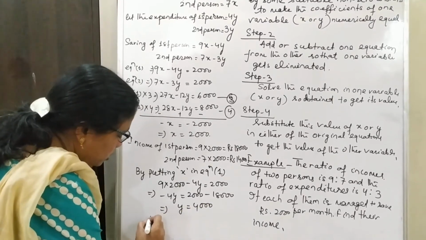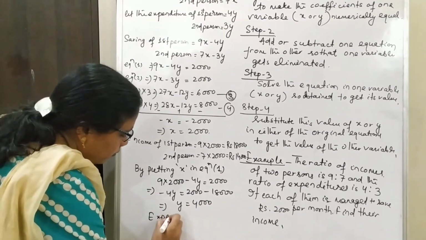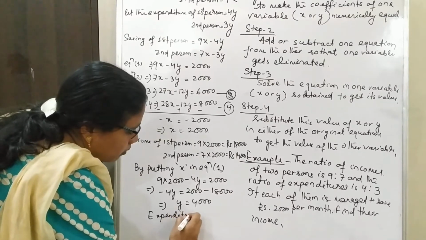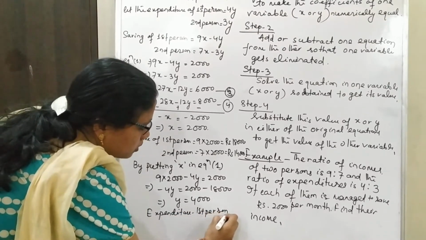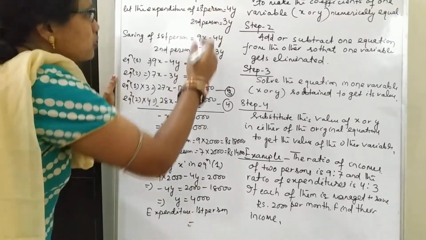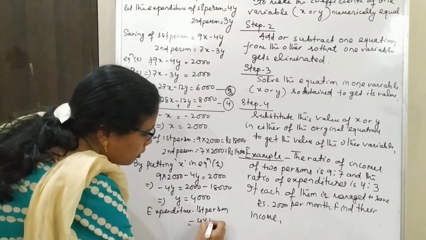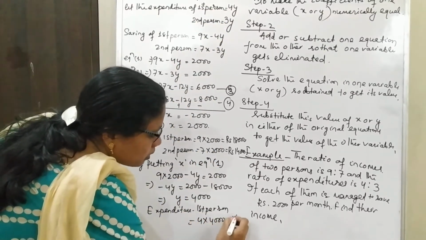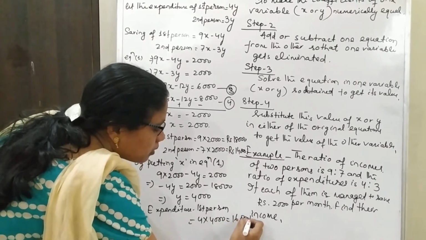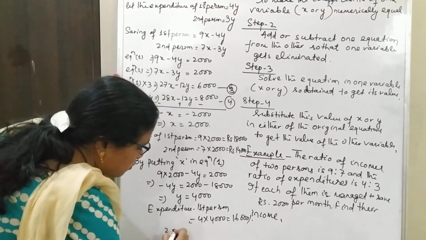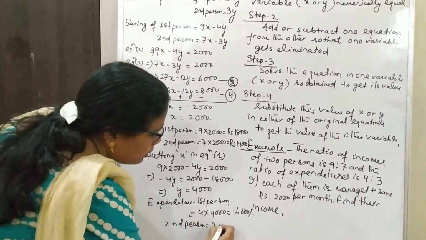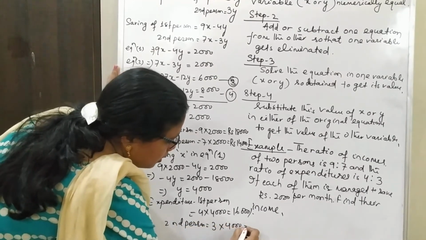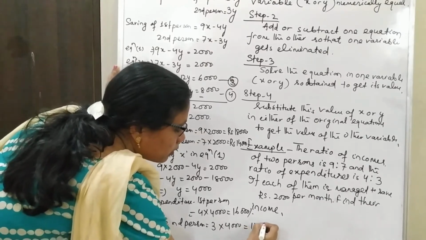So the expenditure of the first person is equal to how much? 4y. 4 multiplied with 4,000 is equal to 16,000 rupees. Then the expenditure of the second person is equal to 3 multiplied with 4,000, that is equal to 12,000.